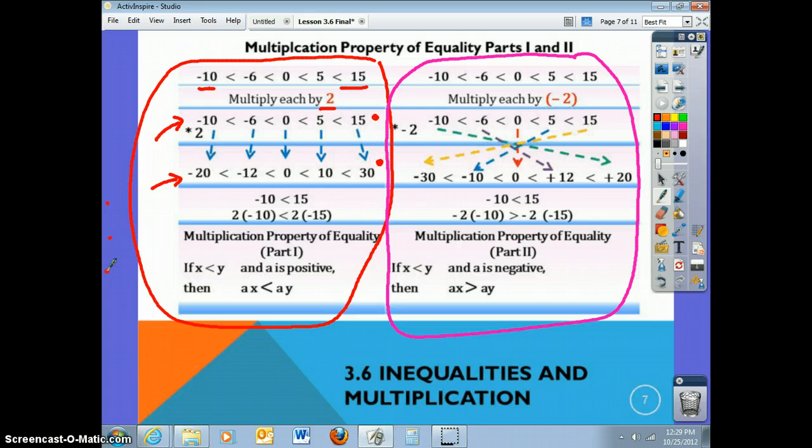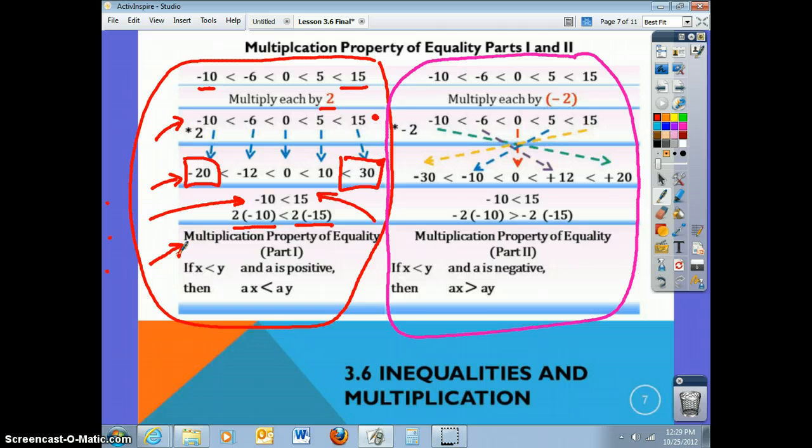So obviously, if I have -10, and it's less than 15, which is obviously true, and I multiply both sides by 2, my resulting answer, which is -20, is still less than this resulting answer, which is 30. So that's the multiplication property of inequality, part 1.